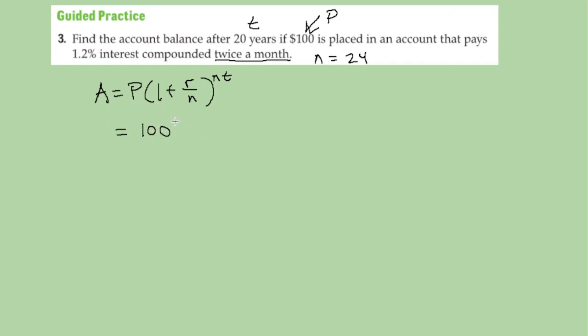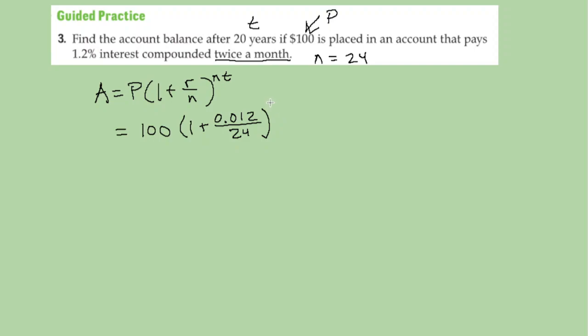All right, so let's plug our numbers in. So we have $100. Let's see what $100 can do. 1 plus, and my rate is 0.012. Good, Mr. Simons didn't make the same dumb mistake. All right, over 24. So this is going to be a very, very small number, and to be fair, 1.2% is not much.